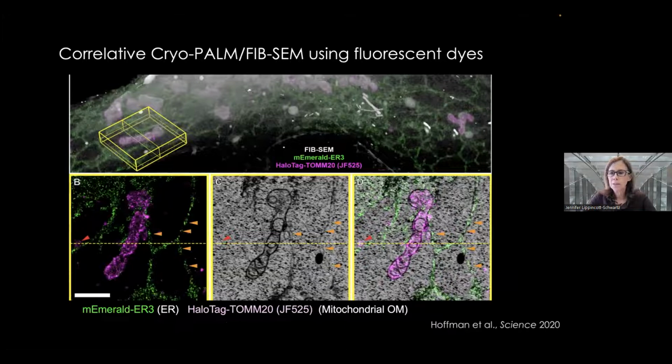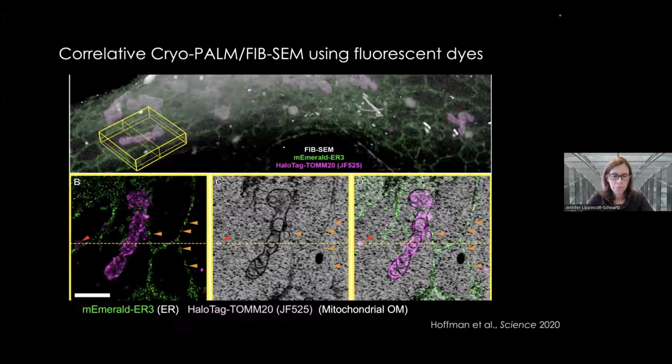And here's just some of the information that you can get from it. This is correlative cryo-PALM FIB-SEM imaging using fluorescent dyes. This is the first example of this cryo correlative FIB-SEM approach from Eric and Harald.